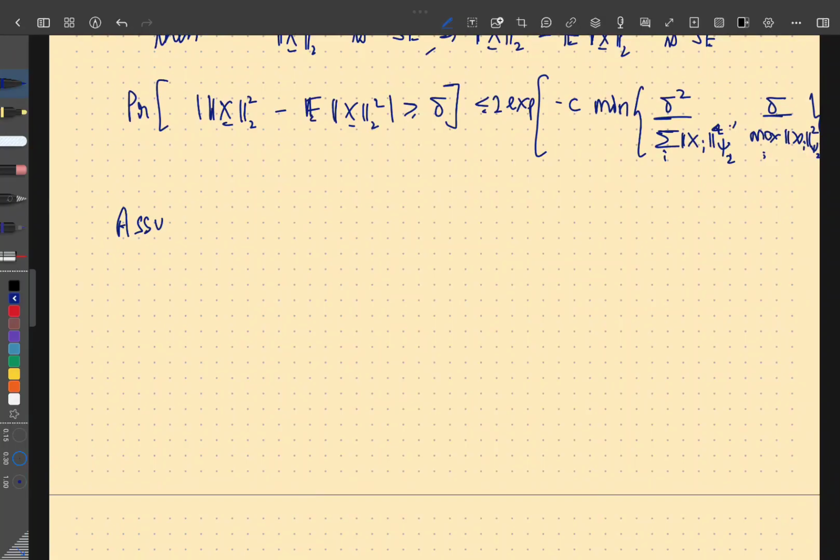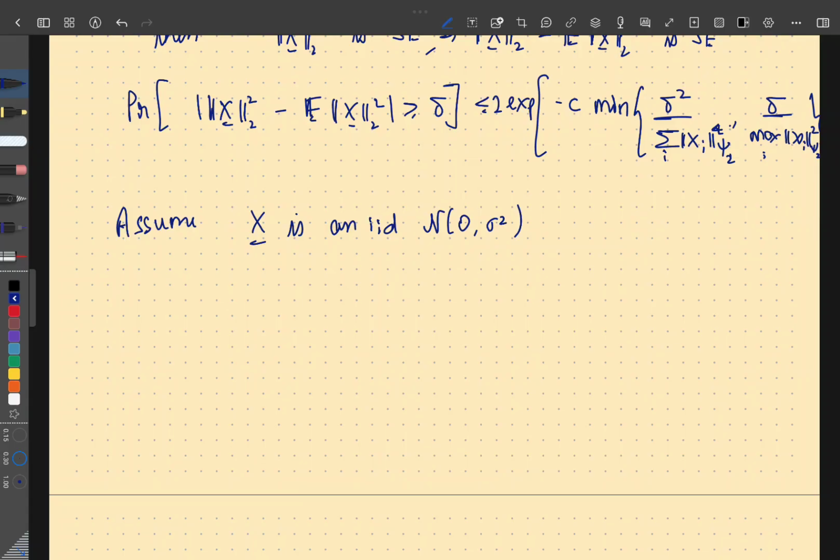So assume that x is a Gaussian vector with IID zero mean, sigma square variance components.